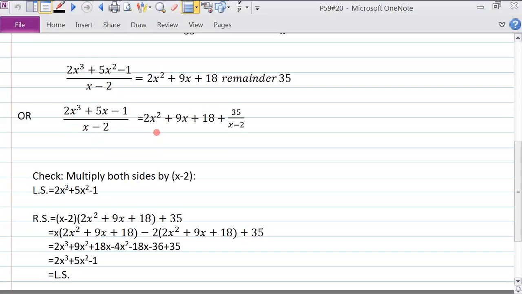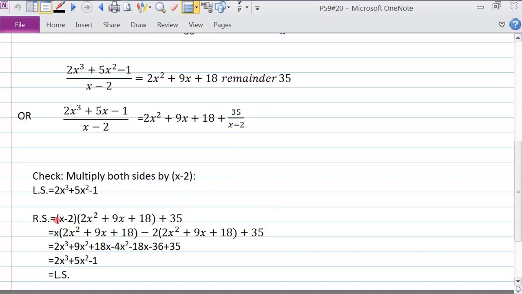Now the right side will be x minus 2, because I'm multiplying, times this whole term, plus 35, because when I multiply this by x minus 2, the x minus 2 on the numerator and the denominator cancel, and I'm just left with 35.